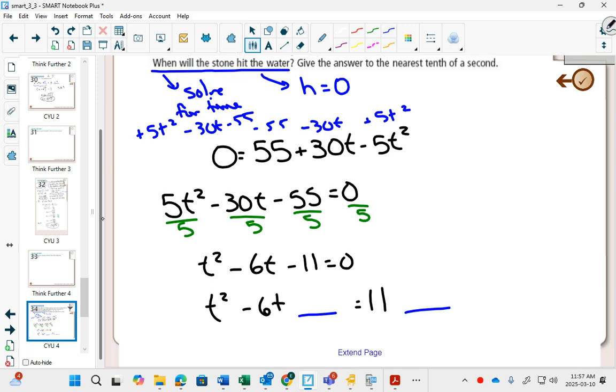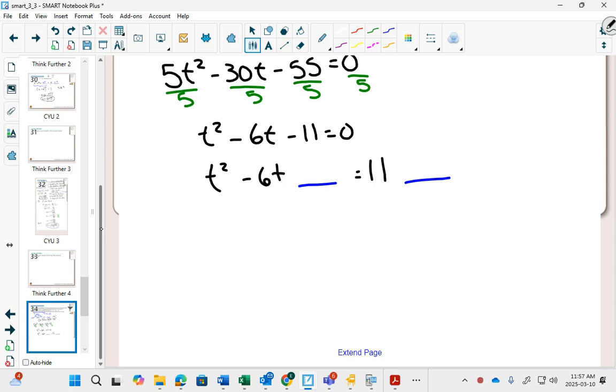The hint is the minus 6t. To get a t squared, it would have to be t and t. The minus 6, your outside and inside, when you square something, give you a minus 6. It would have to be a minus 3.